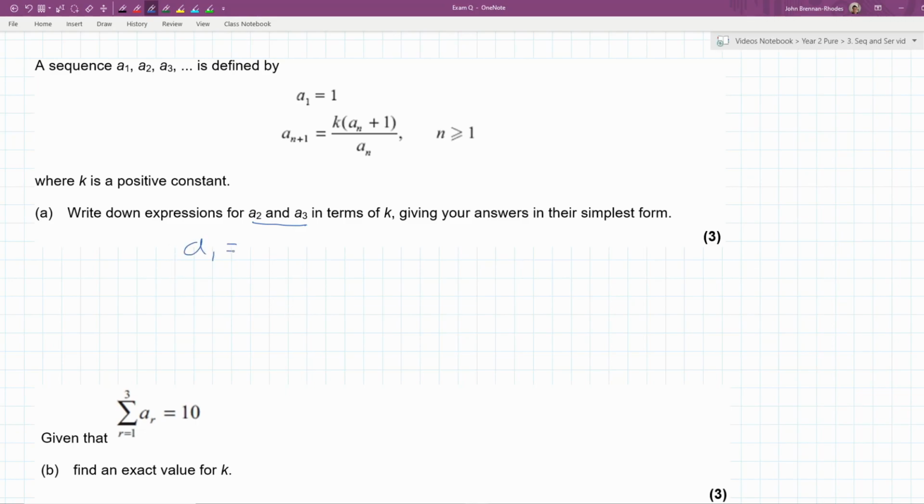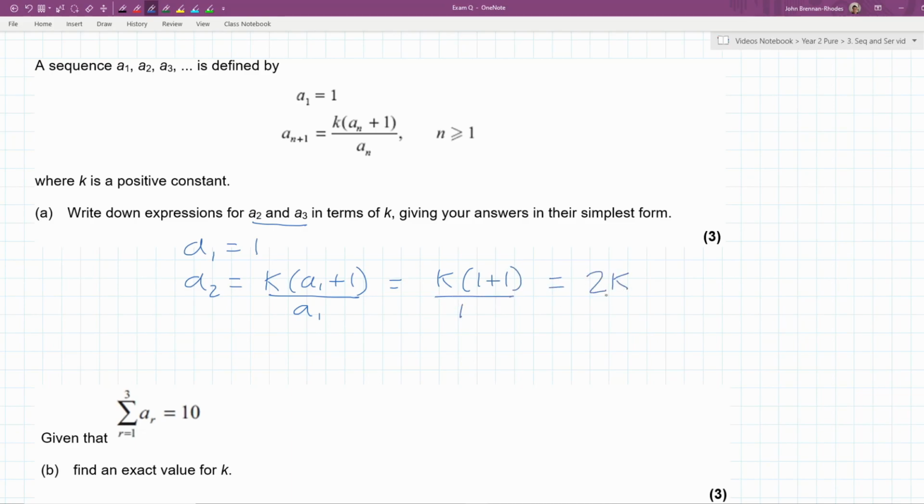So a1 is 1. a2 is equal to k times (a1 plus 1 over a1), which is equal to k times (1 plus 1 over 1).